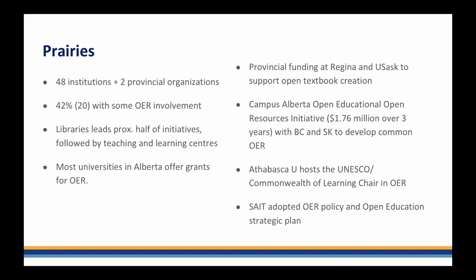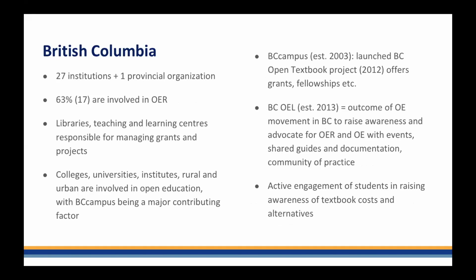So that takes us over to British Columbia. British Columbia is really, as stated earlier, leading the way in open education and open educational resources, with 27 institutions and 1 provincial organization. 63% of them are involved in some kind of OER initiative.